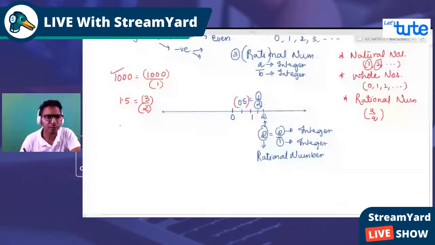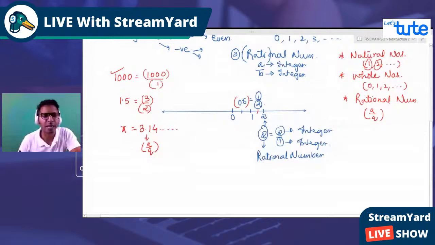Because we have numbers like pi. Pi's value is in decimals, like 3.14. It goes on and never ends. But the question is, can we represent this number in the form of a ratio of two numbers?